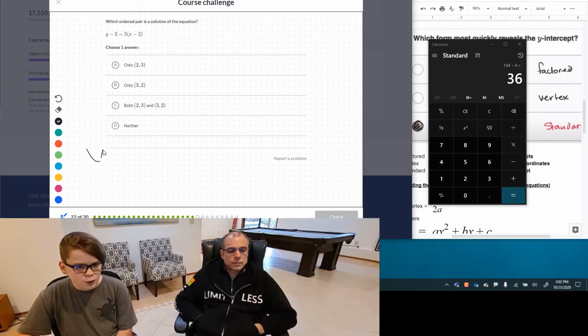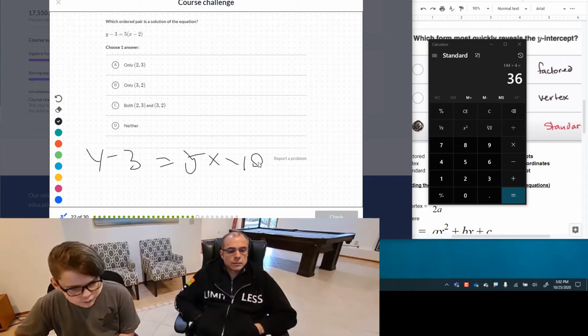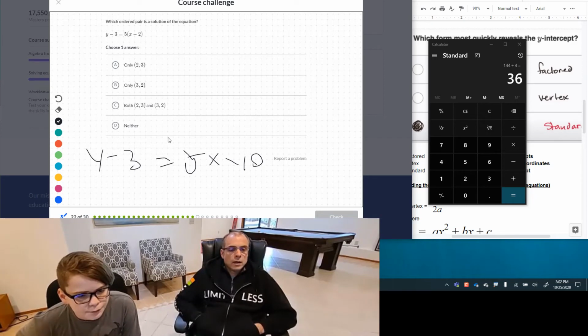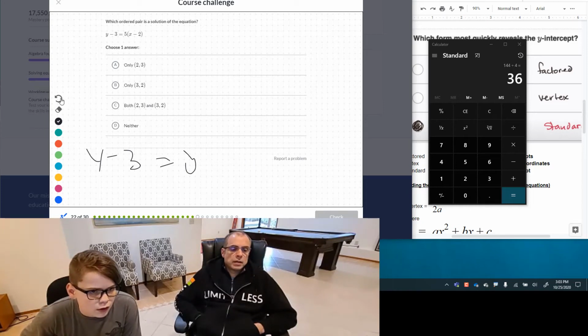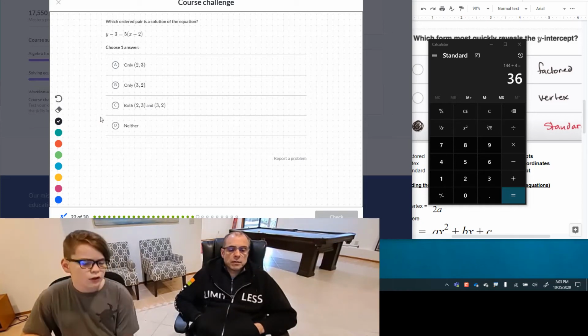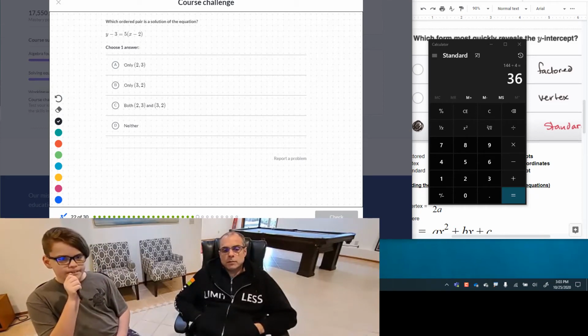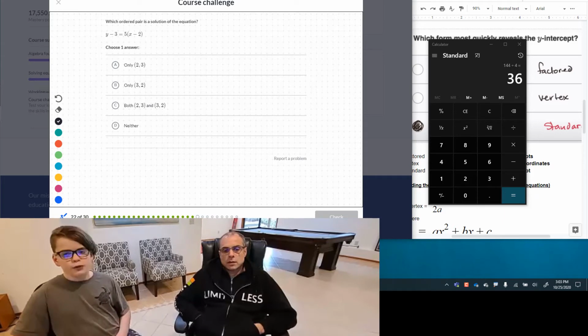So y minus 3 equals 5x minus 10. Add 3. I think it's actually easier not to simplify it in this case. It's not slope-intercept form. Is it called point-slope form? I think it is. Yeah, it's in point-slope form.